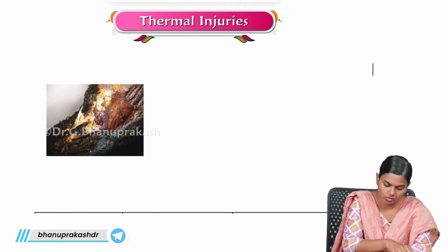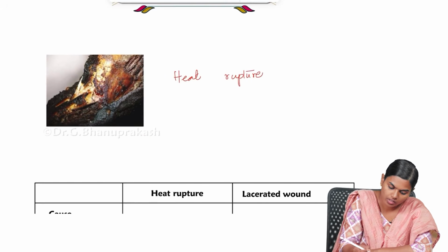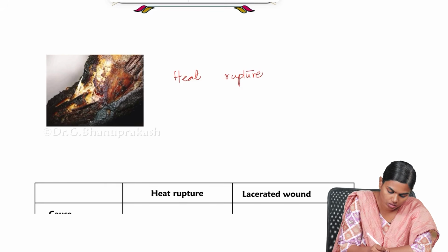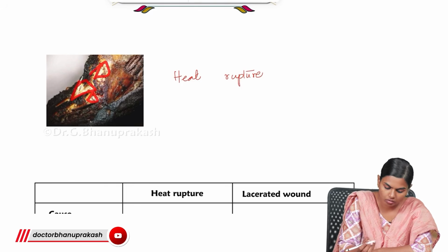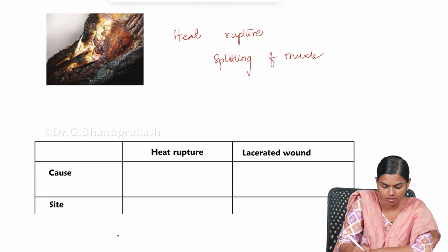Then you will get to see this. This is your heat rupture. So, what happens here is that you see this pale area. Heat rupture means the splitting of muscles under extreme heat.